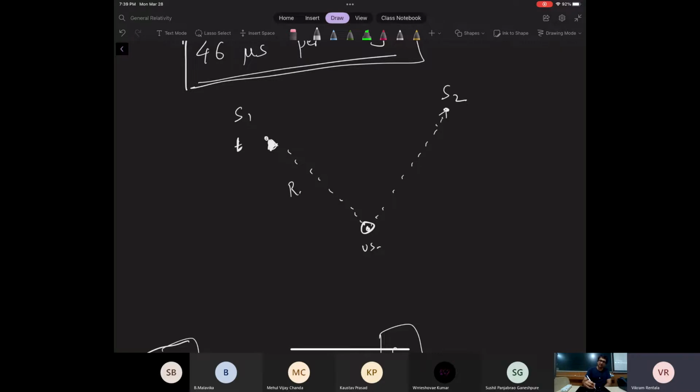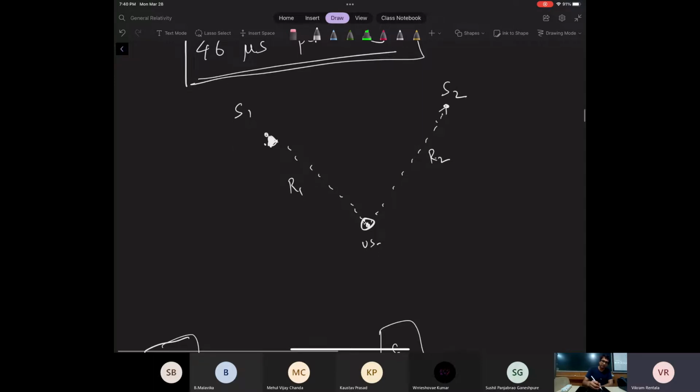Let's suppose this satellite is a distance r1 away, and the other satellite is a distance r2 away. Now this satellite will try to measure the time it takes for the signal to reach here. So it measures, let's say, the time between two different pings. Let's say it acknowledges the signal by sending a signal back, and then you send another signal to the satellite.